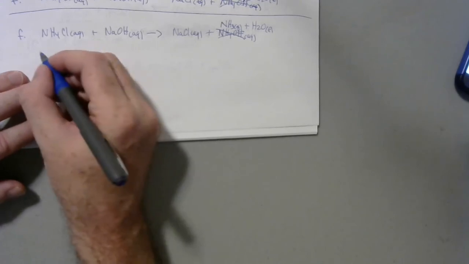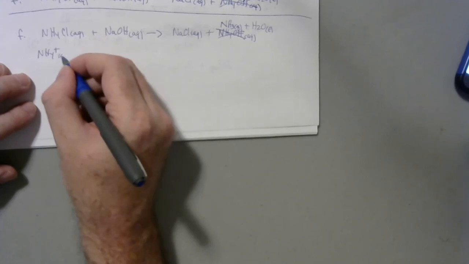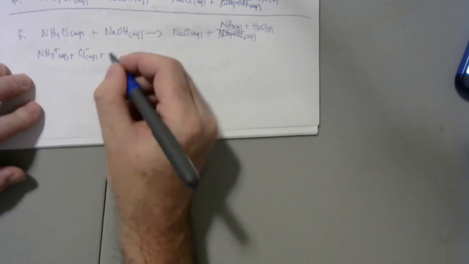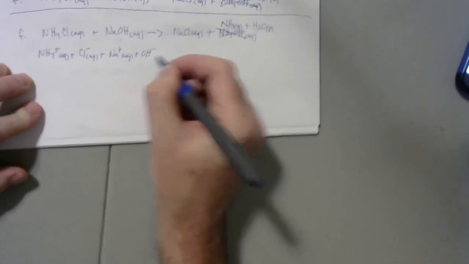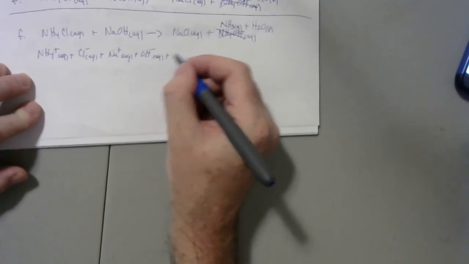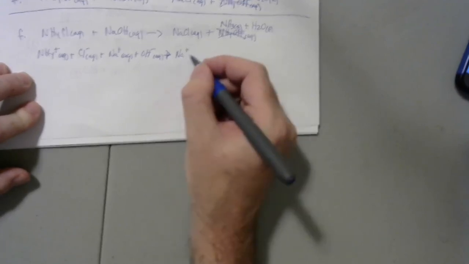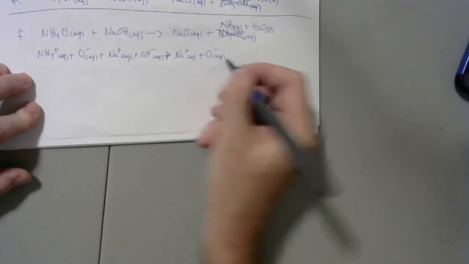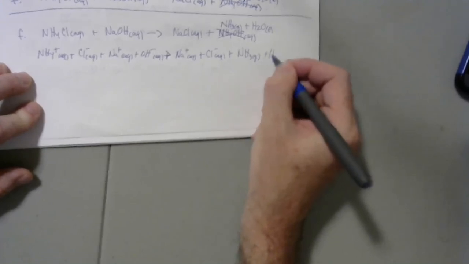Now when I form my ions, we're going to get NH4+ aqueous plus Cl- aqueous plus Na+ aqueous plus OH- aqueous reacts to form Na+ aqueous plus Cl- aqueous plus NH3 gas plus H2O liquid.